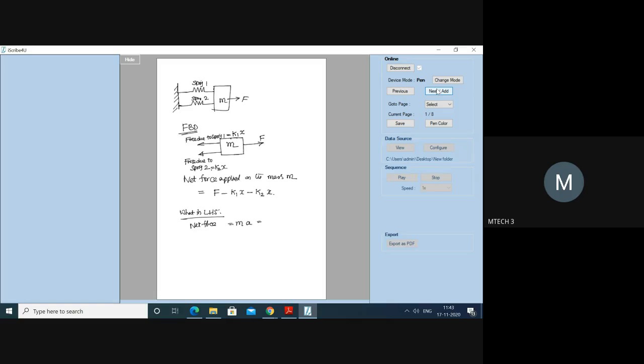That will be equal to M into d square X by dt square. Okay, so write down.